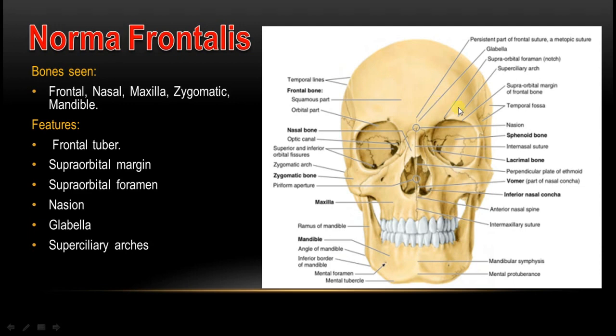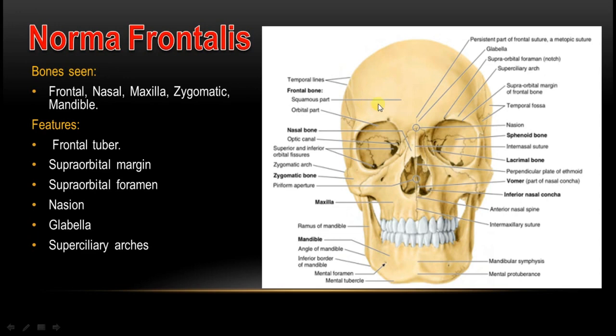Nasion is the root of the nose, the point that is the junction of the frontonasal and internasal suture. And here you have the glabella, and above the supraorbital margin you see the superciliary arches.